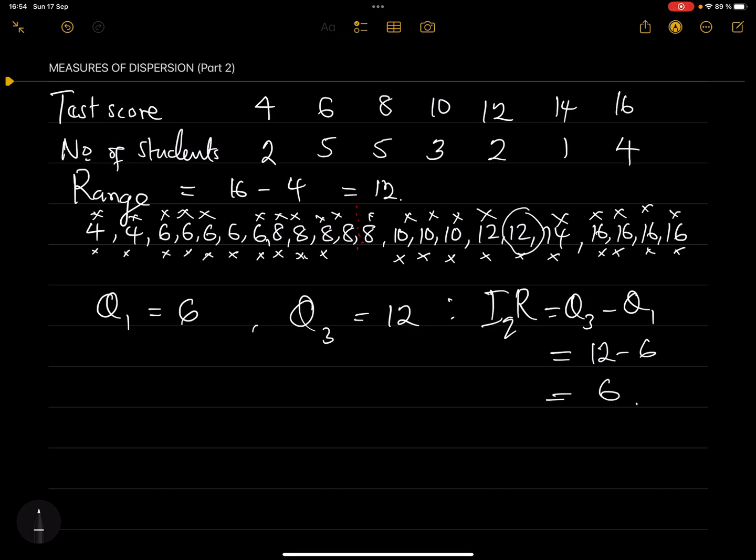And the semi-interquartile range is just the interquartile range divided by 2. This is 6 divided by 2, and this gives 3.